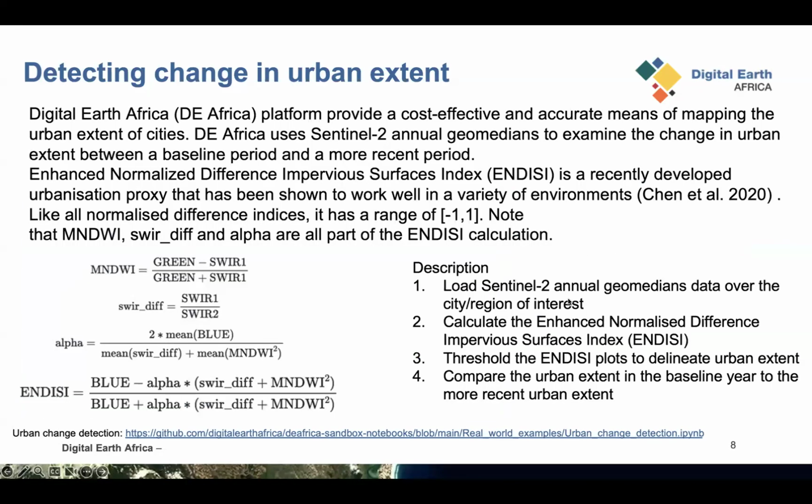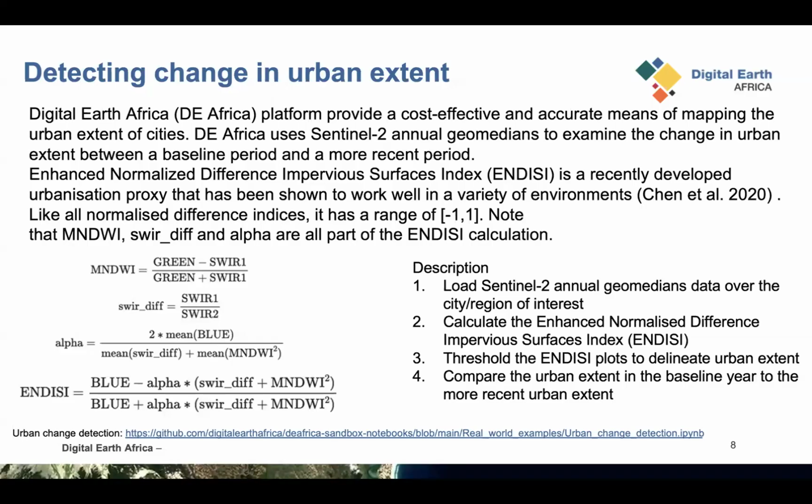But now with the Sentinel-2 geomedian it has been possible to provide changes in urban extent. Initially, we used the Normalized Difference Built-up Index. Later on, we adopted the Enhanced Normalized Difference Impervious Surfaces index, as some of the surfaces are quite difficult to predict as well.